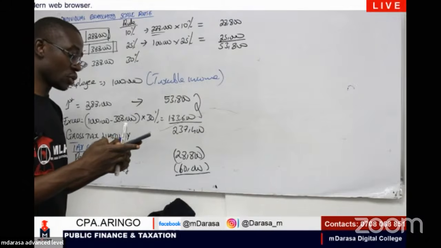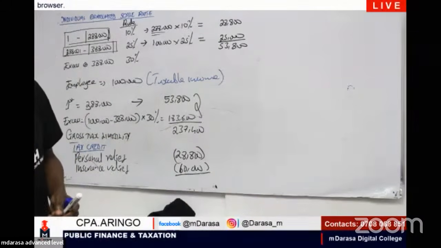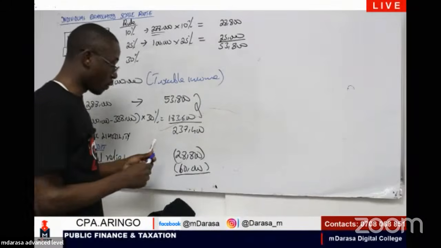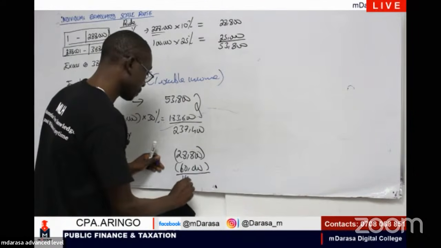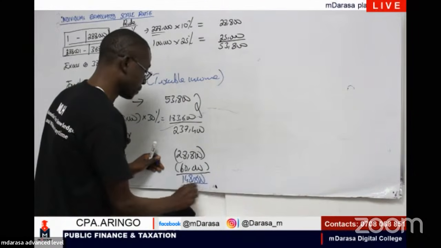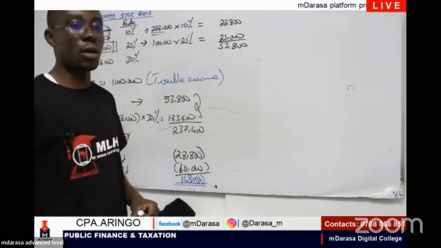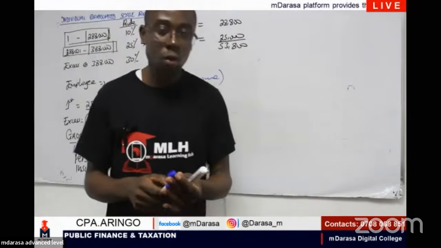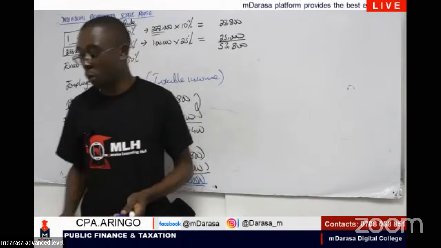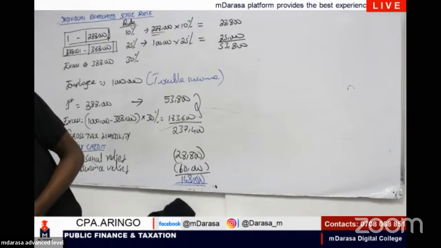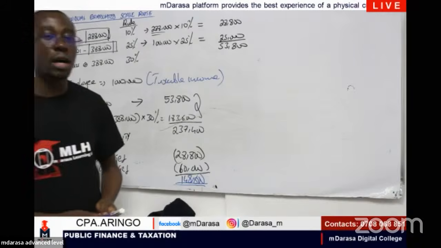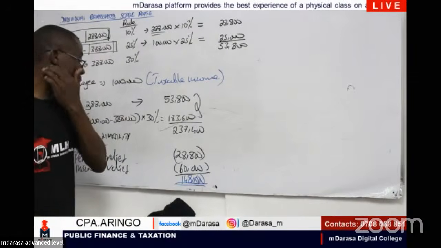You see? So the amount that this person is going to pay to KRA is 148,600. That is how the component of tax credit will affect us. And basically, this is what we need to understand.